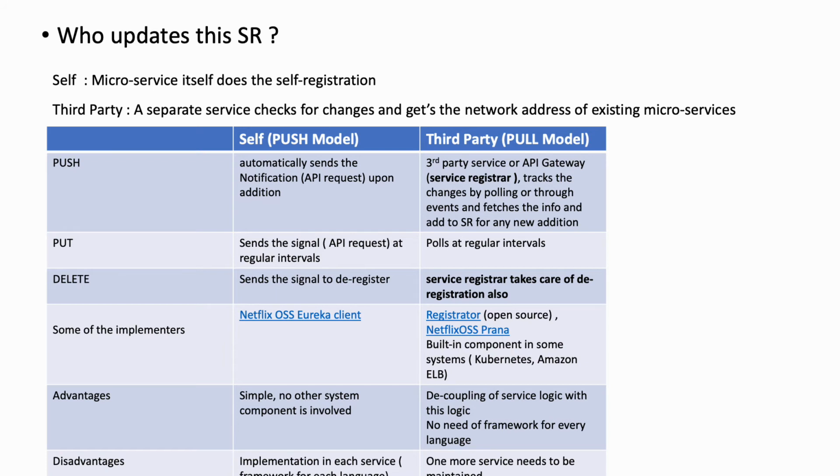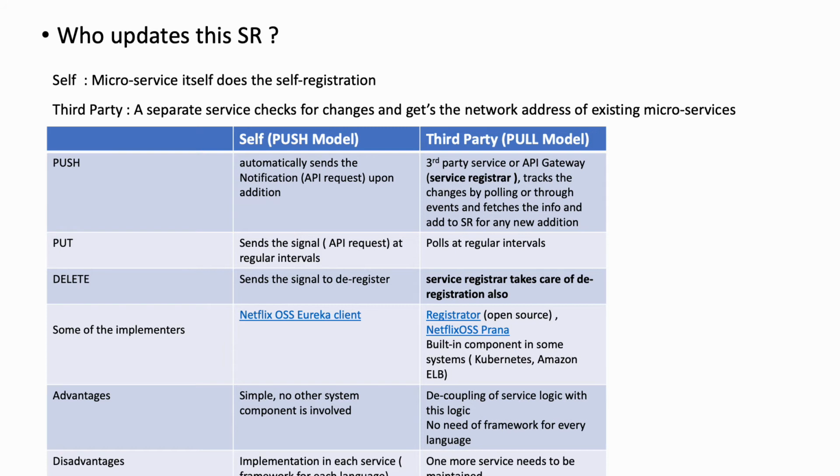But the disadvantage is you need to have a framework or a code to update the service registry in your microservice implementation. That means generally the microservices can be in different languages even within one complete application or one big system.